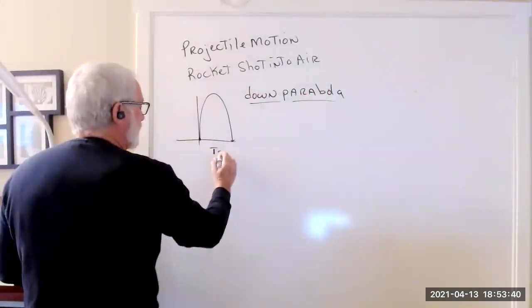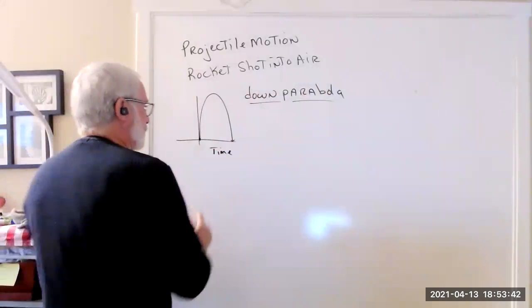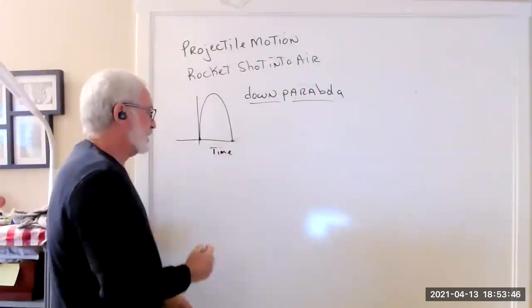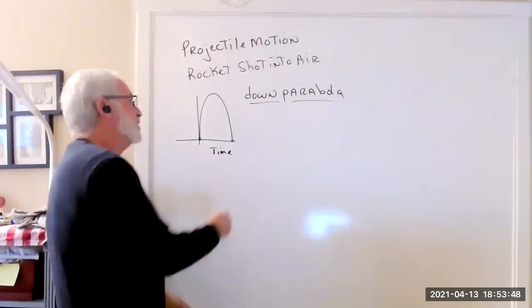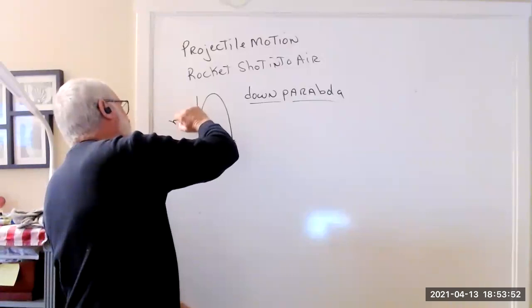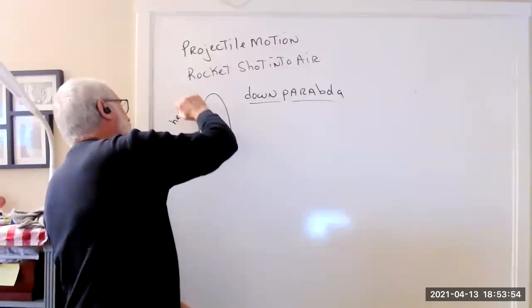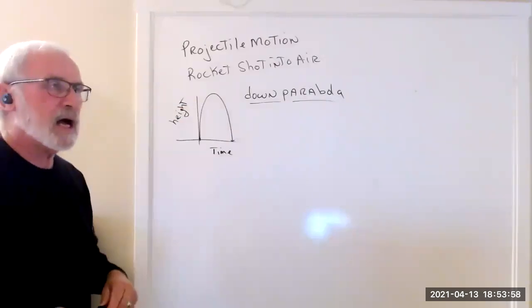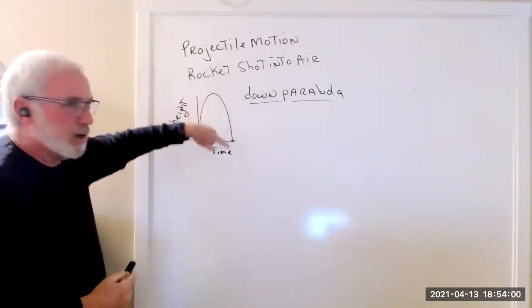This is now the time axis, not the x-axis. What used to be the x-axis, we now call the time axis. And what used to be the y-axis, we now call the height axis. So we're measuring height compared with time.